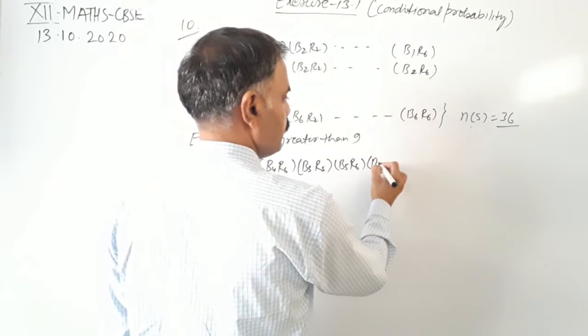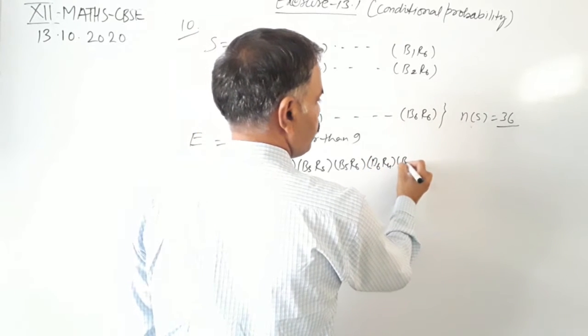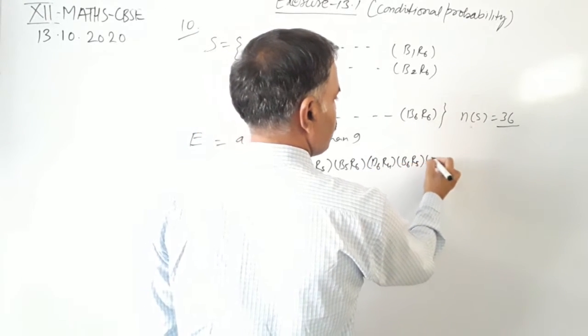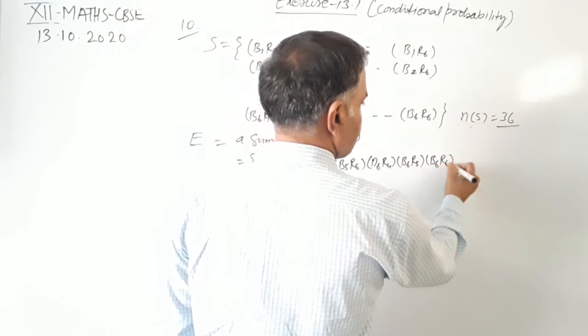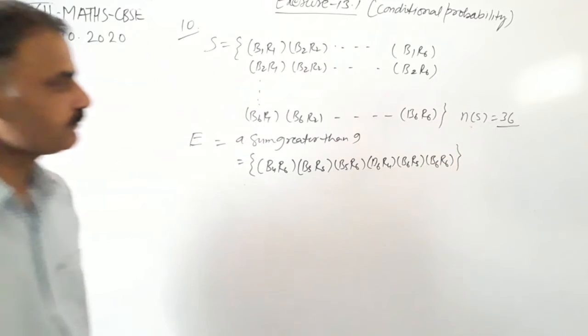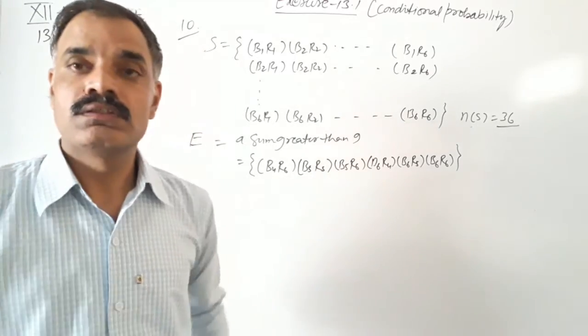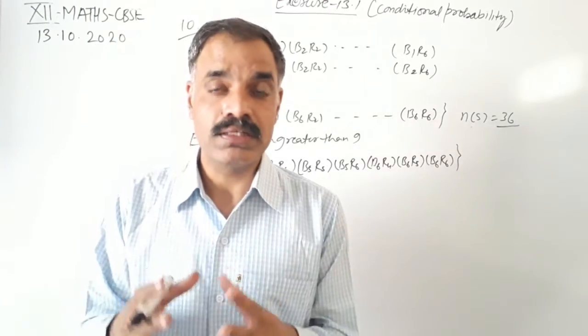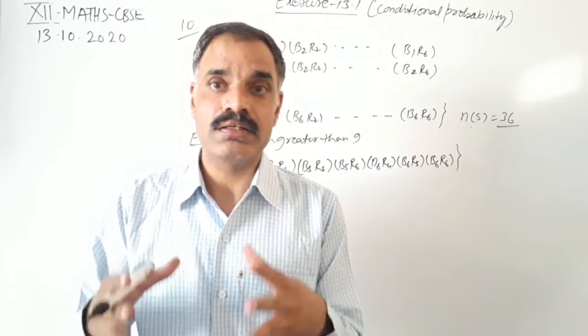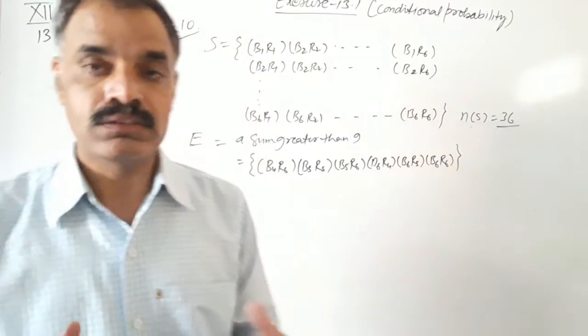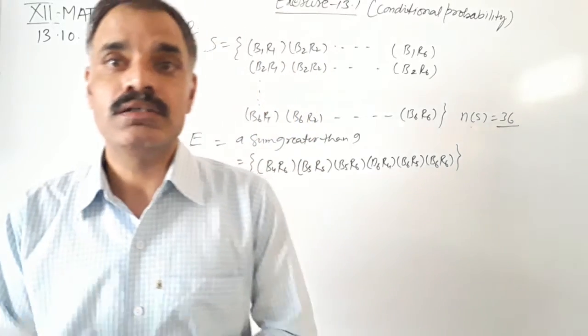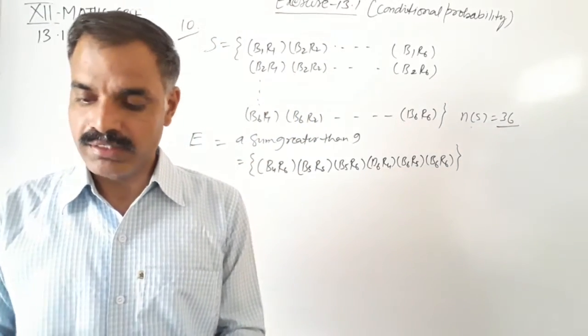Then B6 R4, B6 R5 and B6 R6. These are the sample points whose sum is greater than 9. Sum greater than 9 means 10, 11 and 12. Okay, this is the event E.